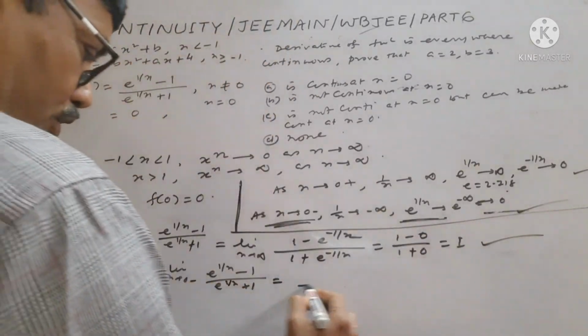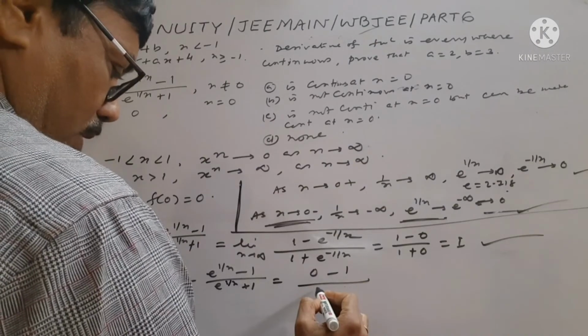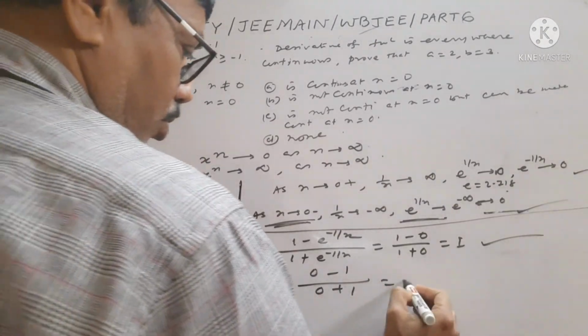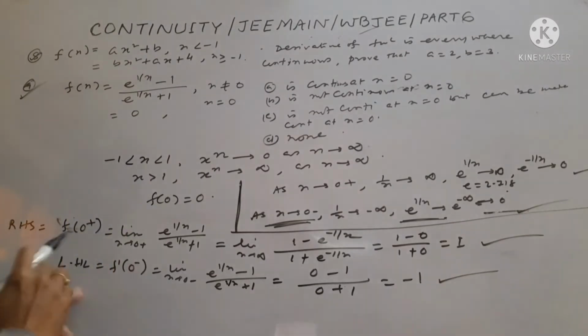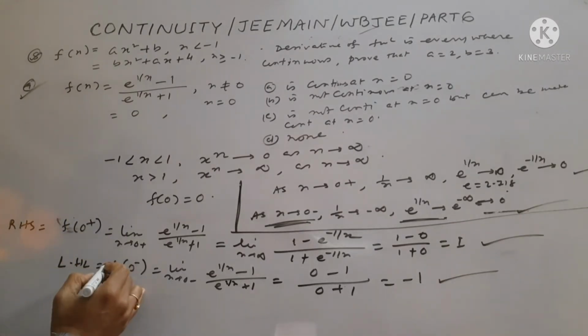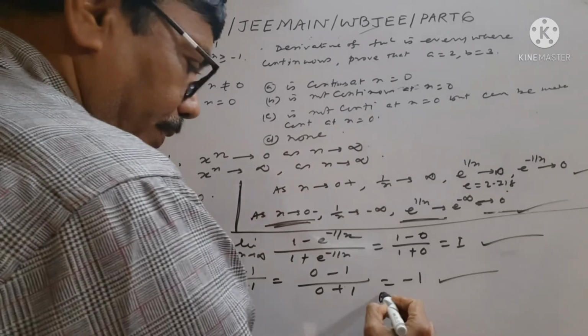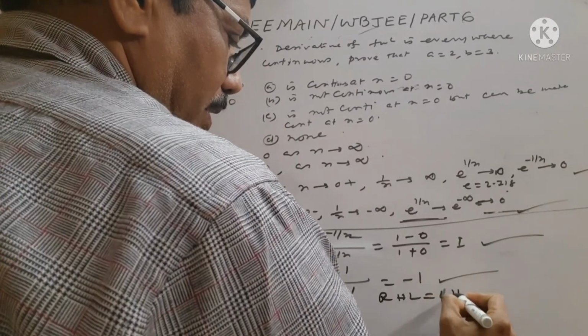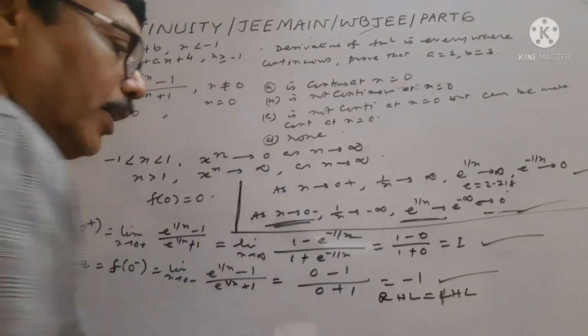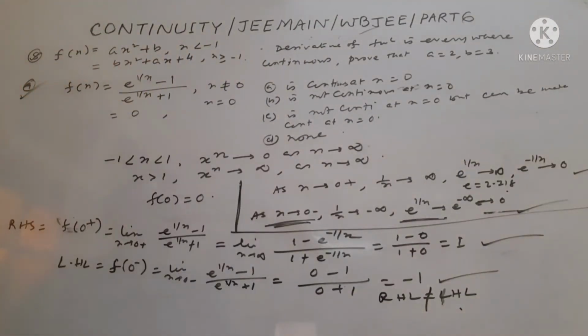So, you can put 0 directly: 0 minus 1 over 0 plus 1 equals minus 1. So, the right hand limit is not equal to the left hand limit.